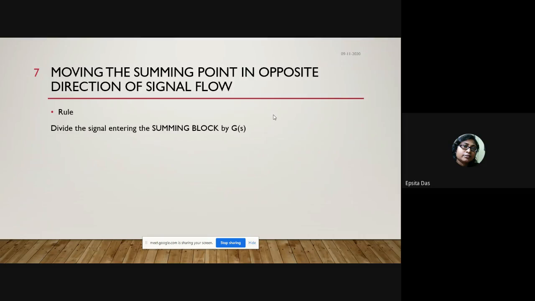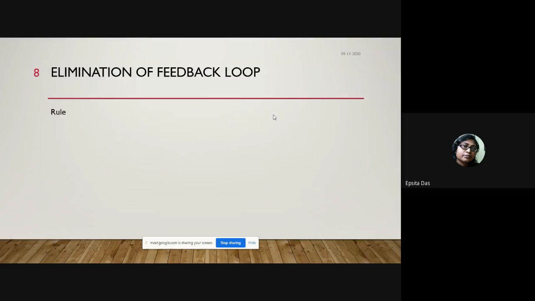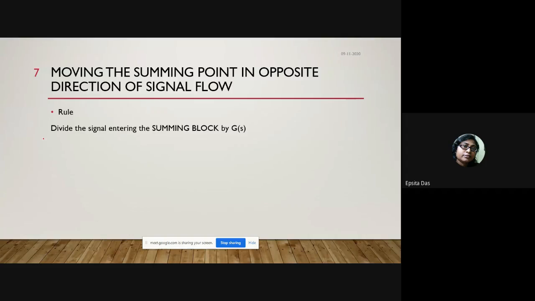Similarly, if I want to move the summing point in the opposite direction of the signal flow, I will draw it. Suppose it's RS, and it enters a system called GS.